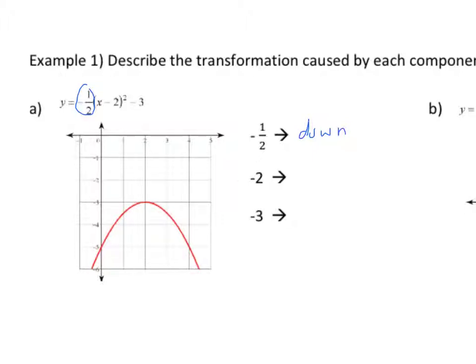So since it's between 0 and 1, then it's going to be wide. The negative 2 is affecting x. It's subtracting 2, so it's actually going to move to the right 2 units. And the negative 3 is after the square part, so that's going to do as is. It's going to go down 3 units.